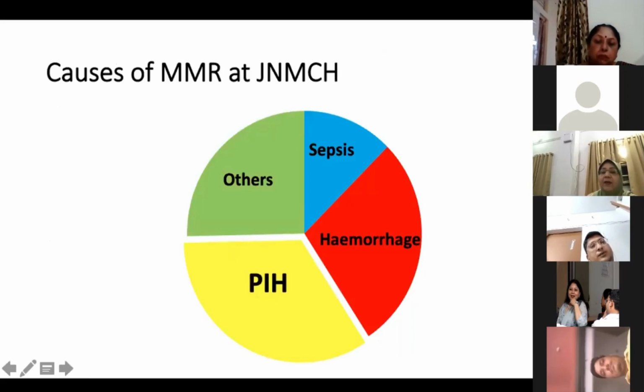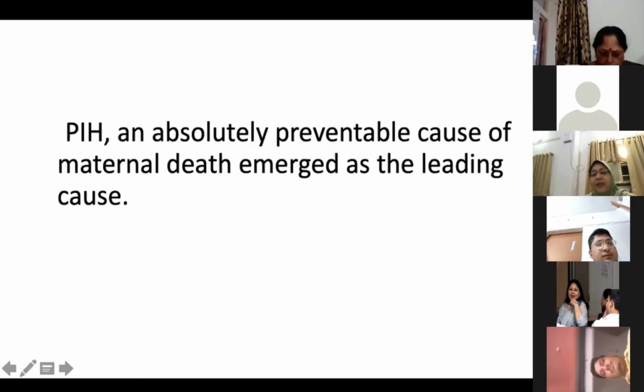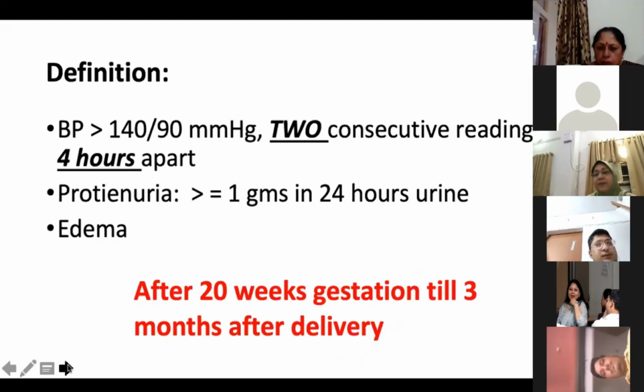When we did our homework for the last 10 years and tried to find out the leading causes of maternal death, it was very surprising to see that instead of hemorrhage, it was pregnancy-induced hypertension which led to the majority of maternal deaths. It is an absolutely preventable cause of maternal death. That is the saddest part.